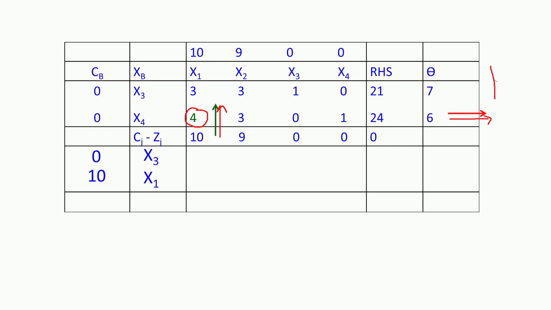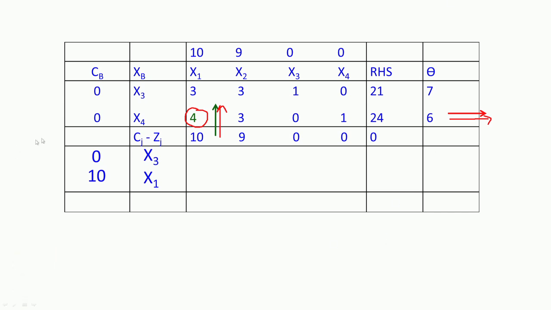It is called the pivot element, and this x4 row is called the pivot row.